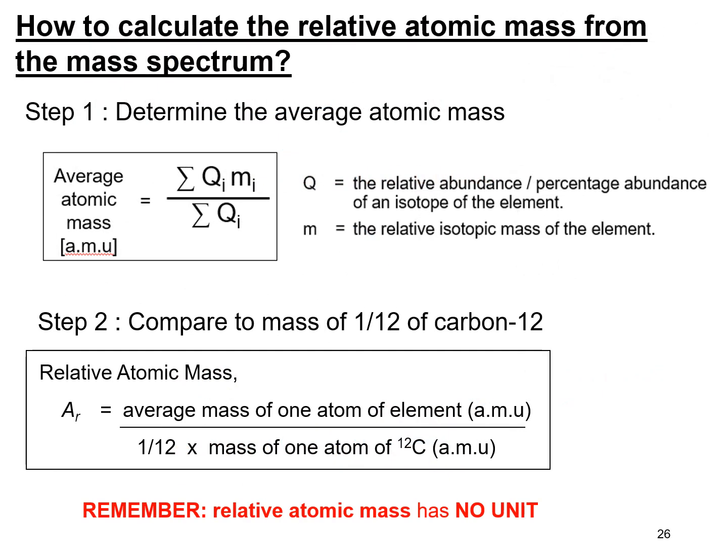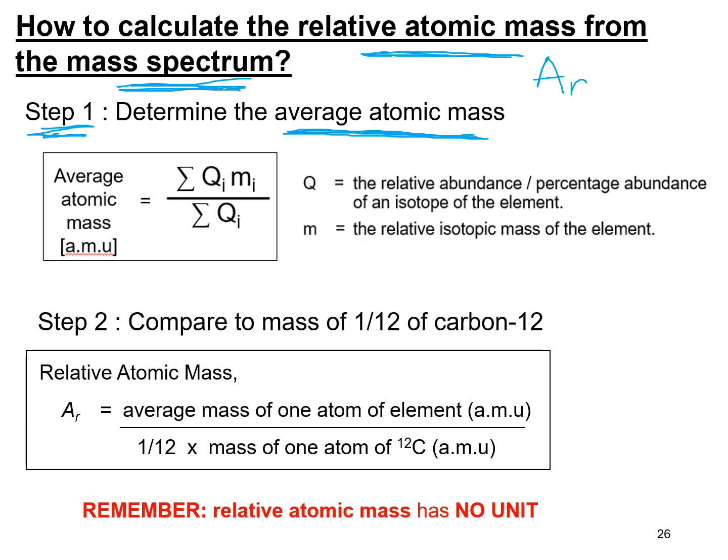Okay, next. Macam manalah kamu nak calculate the relative atomic mass from the mass spectrum? Macam mana kamu nak tahu relative atomic mass ni from mass spectrum? Kita tahu relative atomic mass adalah Ar, kan? Okay, so step yang pertama, kamu kena determine dulu the average atomic mass. Macam mana nak determine average atomic mass of an isotope?